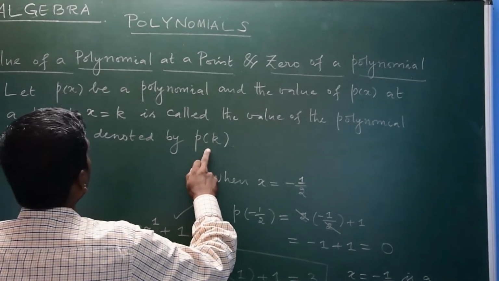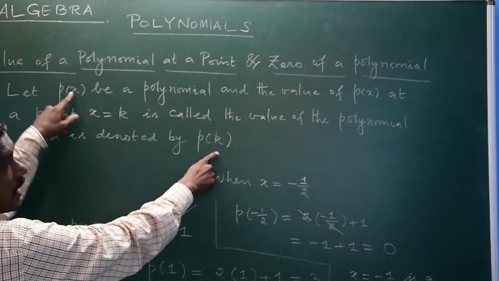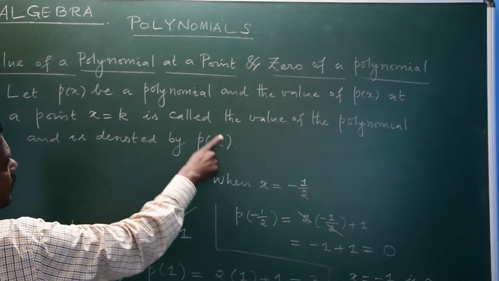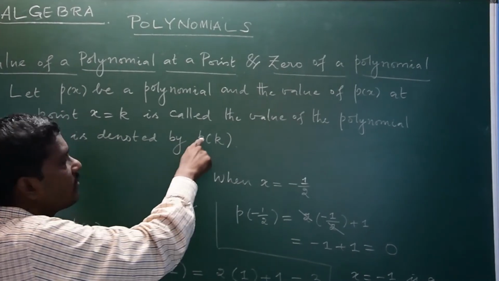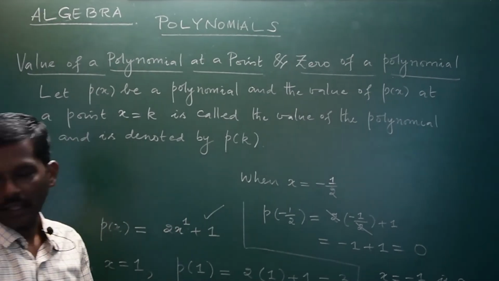So this is the value of the polynomial. Simply replace x by k in that polynomial, then what you will get is the value of the polynomial at the point k.